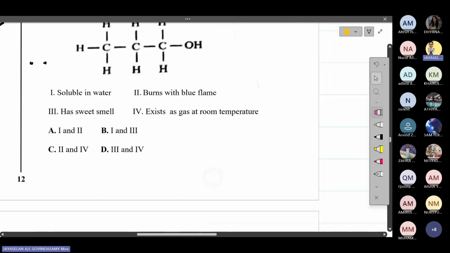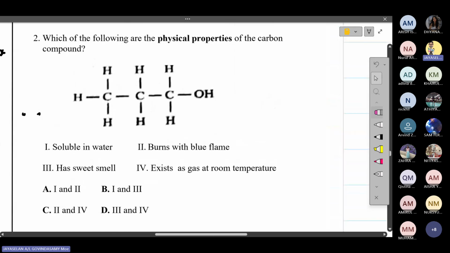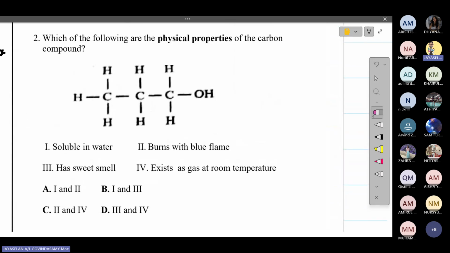Okay, now number 2. Abidin, jawapan? A. Okay, we check A correct or not.